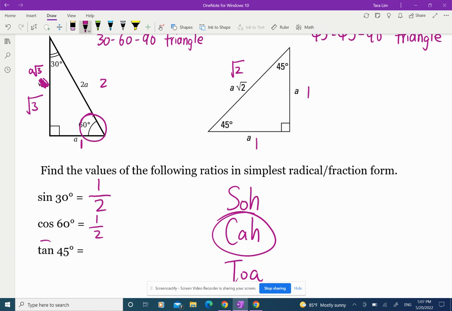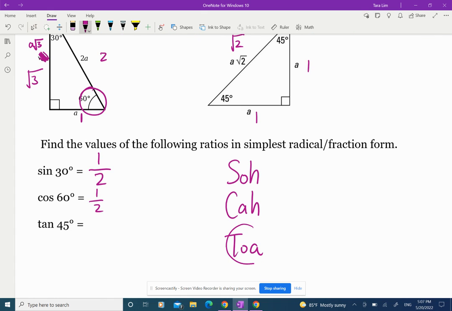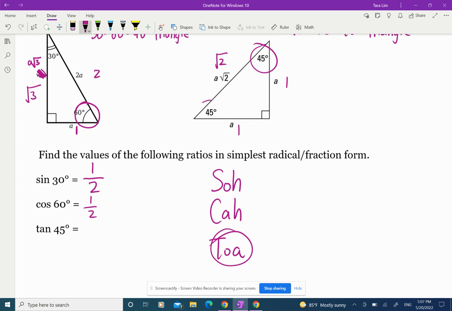Now this time it is tan 45. Again, we want to know which of these triangles has an angle of 45 degrees, and it is the triangle on the right. This time, instead of using cos, we're going to use TOA because it's tan. Notice that we have two equal angles here, which just means these two sides are the same.